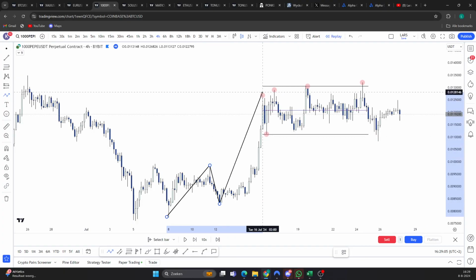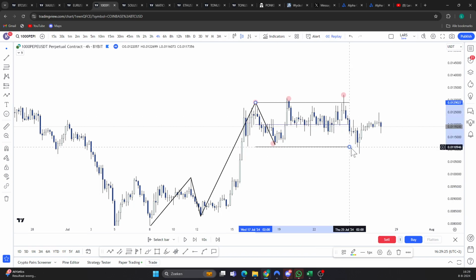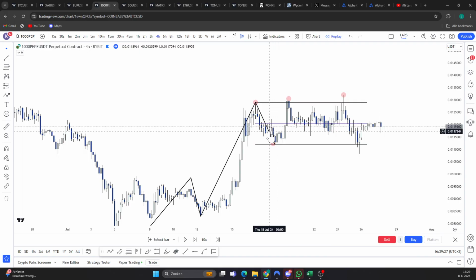And then this tab 1 and tab 2 completely disappears because this is not a valid pullback. This is just one move up. So on the 4 hour time frame, your higher time frame, this is just one move, and this would be your range low, and that would be your range high. And then these would be your starting points, right?